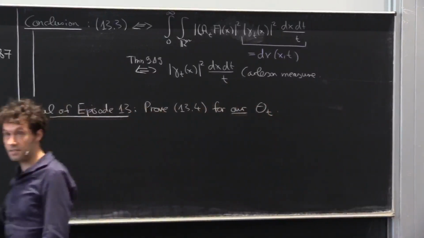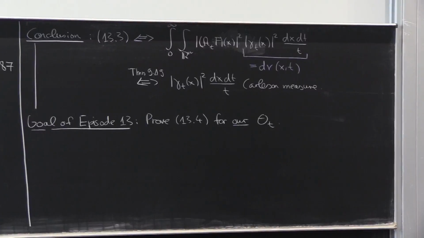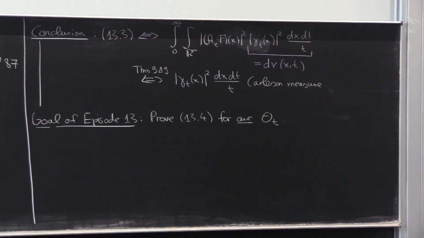Okay? That's the strategy for this week. And then next week, la grande finale is about proving the Carlson measure estimate. So do you have questions? Okay. So we're ready to go.